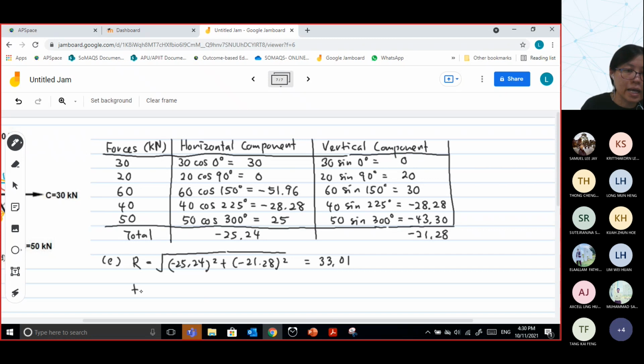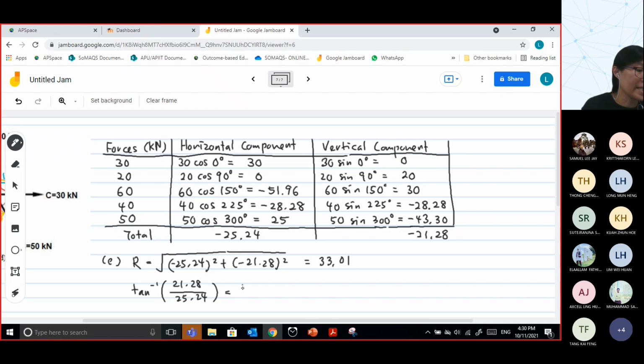Then next the arctangent, 21.58 over 25.24. Calculate the basic angle. Help me to verify R. Is the R correct? Yes, Miss, correct. Okay, thank you.